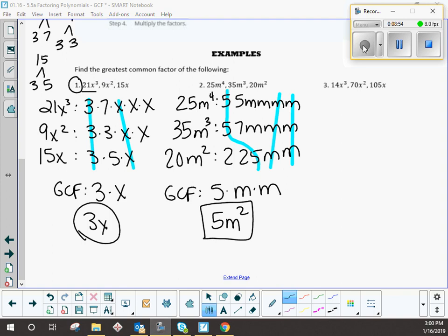Hayden, please tell me how you factored 14x cubed. What did you write? Thank you. Krislan, how did you do 70x squared? 10 and 7? Okay. And 10 factors more. How can I break down 10?